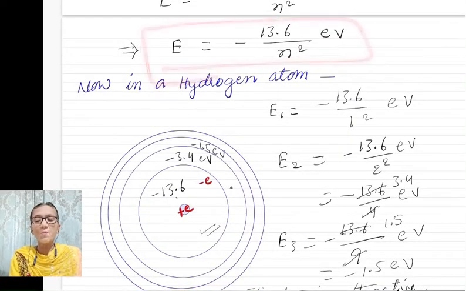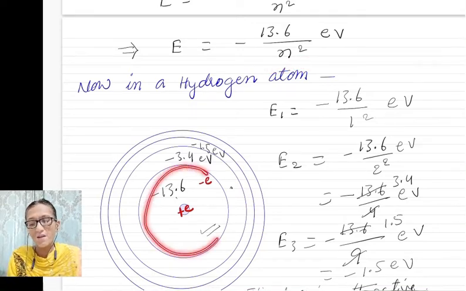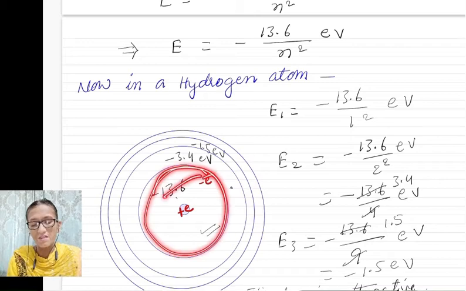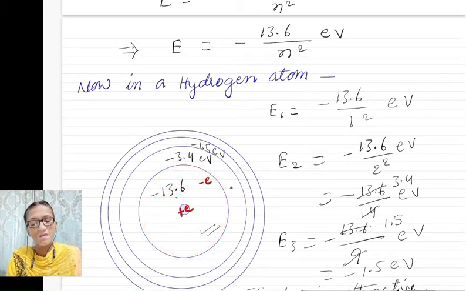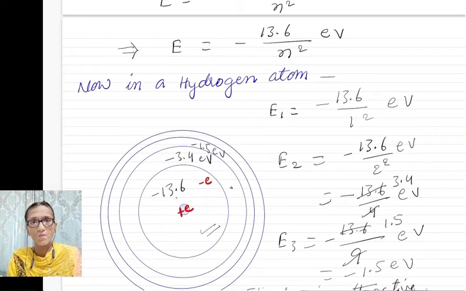So as per Bohr's energy equation, E is equal to minus 13.6 upon n square. If you put n as 1 for the first orbit, first cell, the energy E1 of an electron in this cell will be equal to minus 13.6 electron volt.